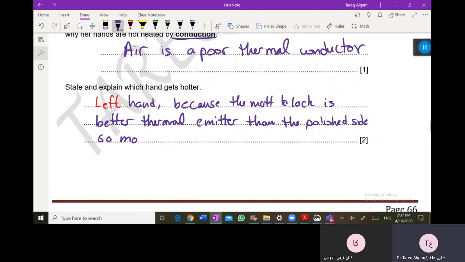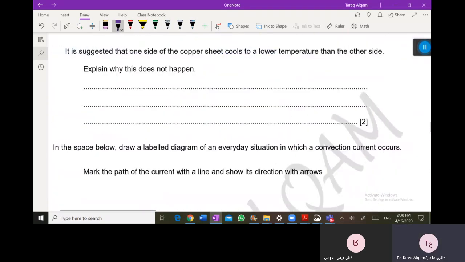So more heat will reach her left hand. Okay, guys? Any question about that?